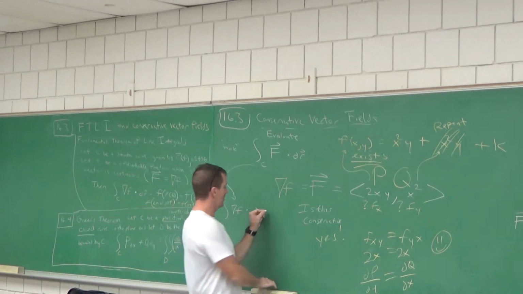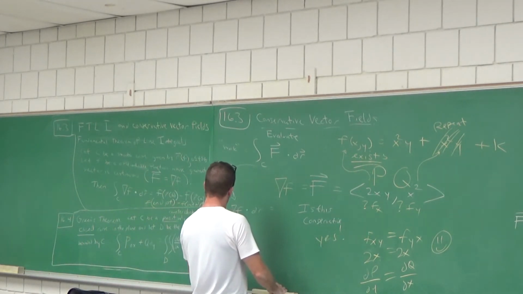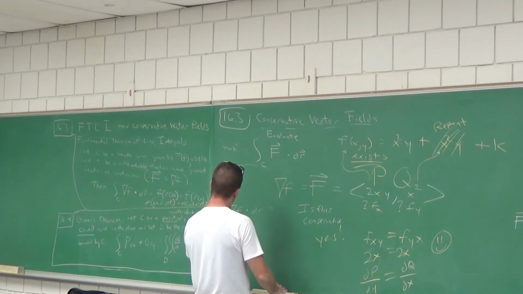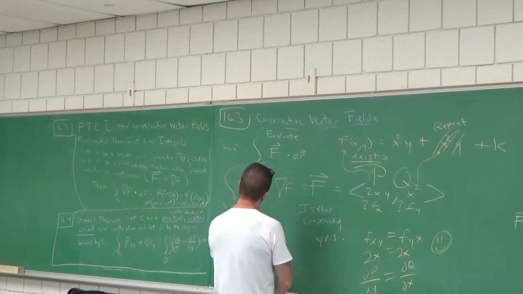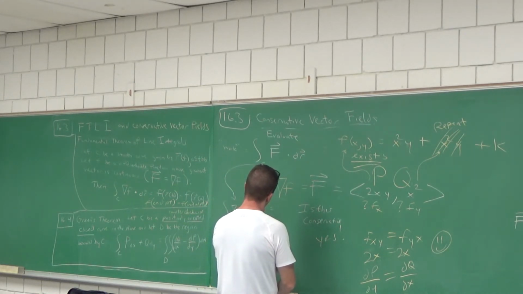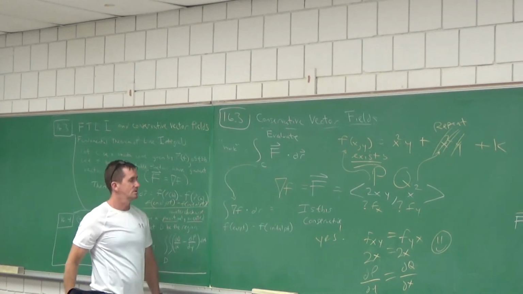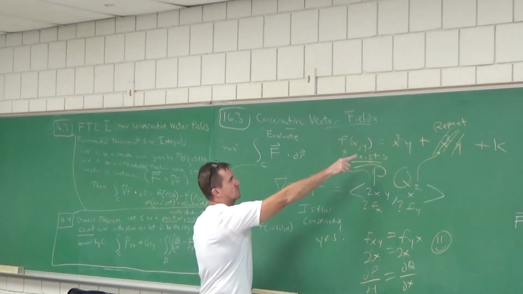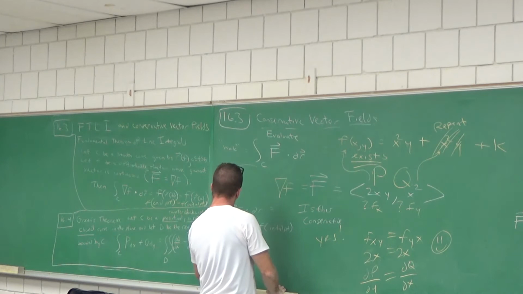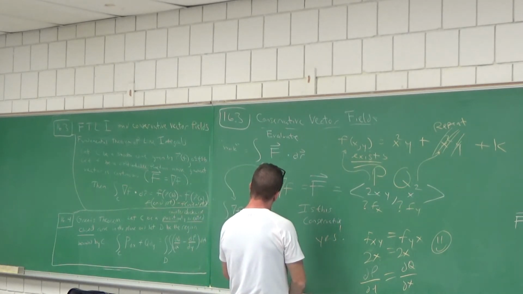And now all I have to do is f of endpoint minus f of initial point. You can write it like it's written right here. So there's f, and what's x squared y minus x squared y?